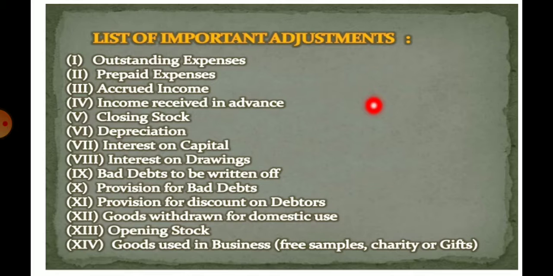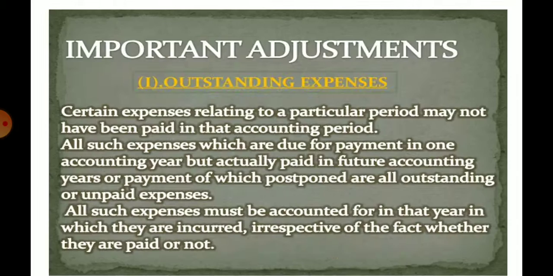Closing stock, depreciation, interest on capital, meaning whatever amount you invested in the business gets some interest. Drawing, interest on drawing, and bad debts to be written off. Provision for bad debts, provision for discount on debtors, goods withdrawn for domestic use, opening stock, and goods used in the business as a free sample, charity or gift.